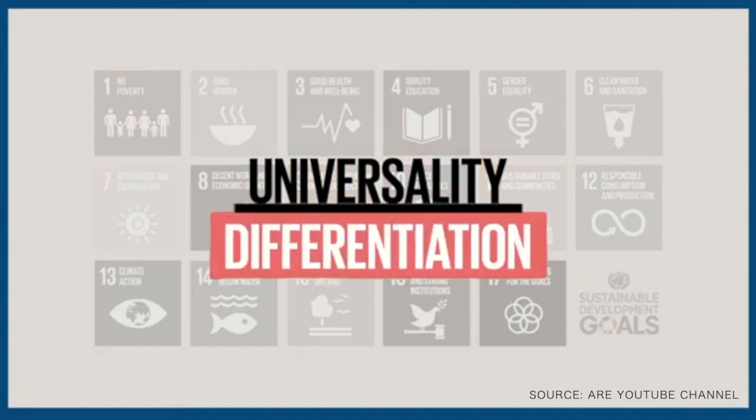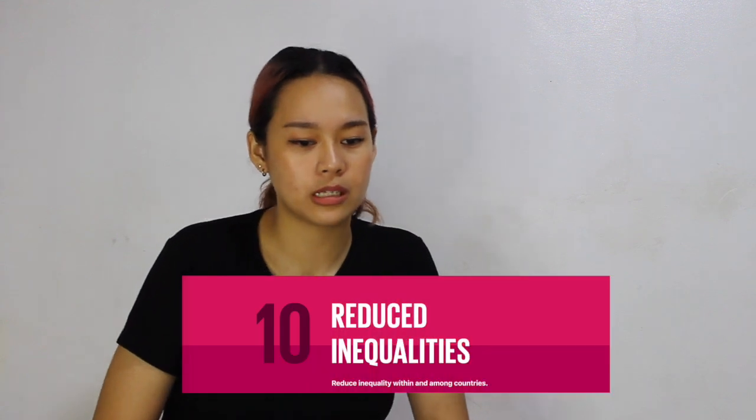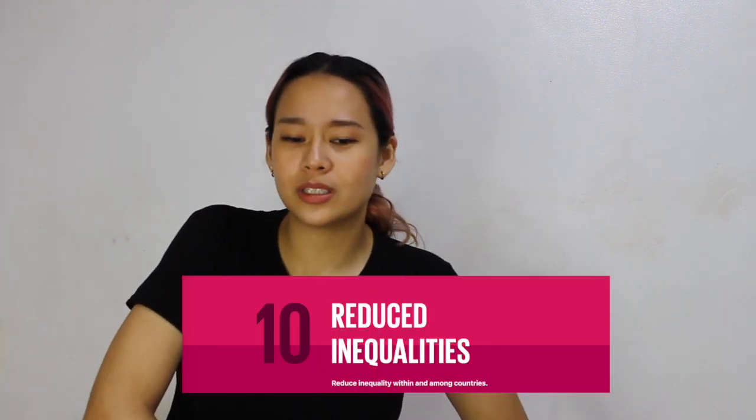And of course, we are here to talk about one of its goals, which is reducing inequalities. So what is it about and what does it aim to do within the next 10 years? What are the progresses as of now here in the country and around the world? Firstly, goal number 10 aims to reduce inequalities within and among countries.